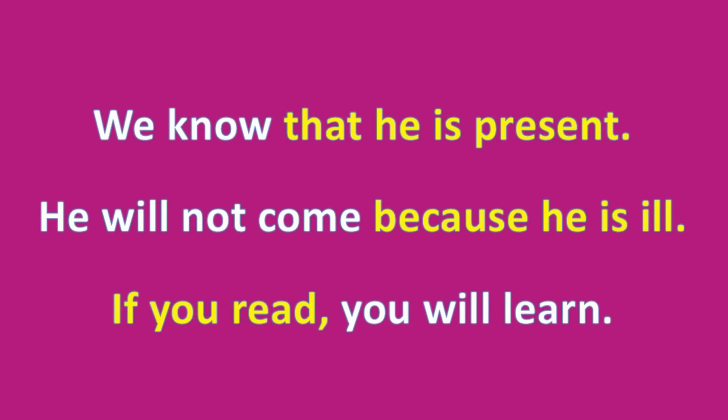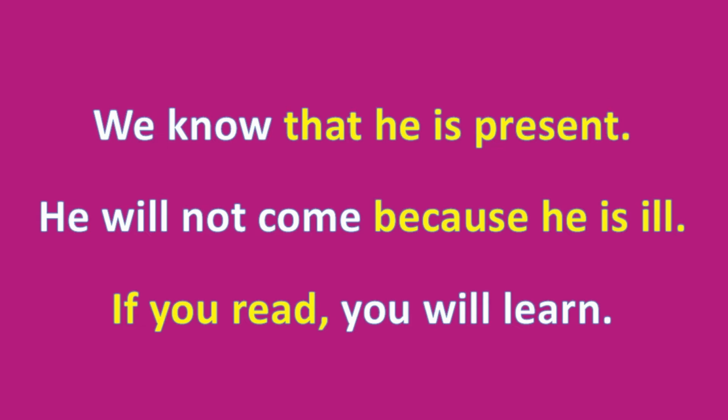Simply speaking, if we remove the part we know from the entire sentence, then that he is present will not be able to express itself completely. It will appear as if another part should come to make it complete. So here, students, the part that he is present completely depends upon the part we know.